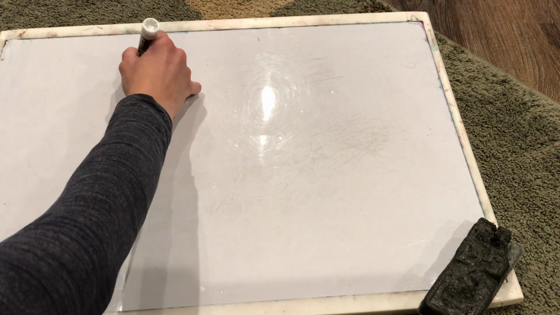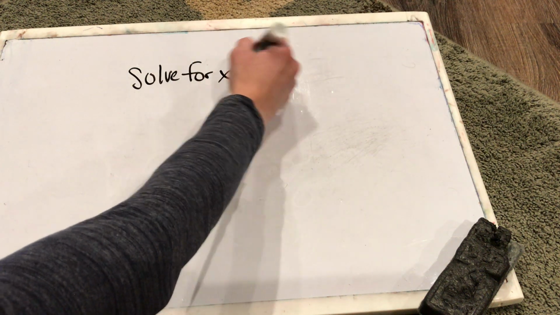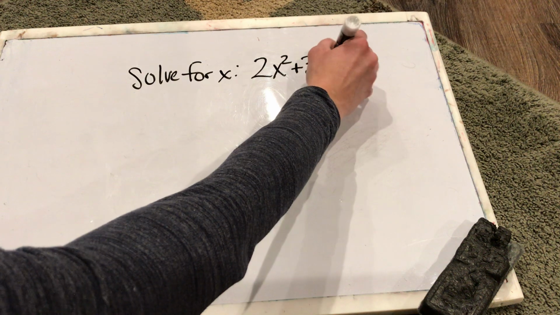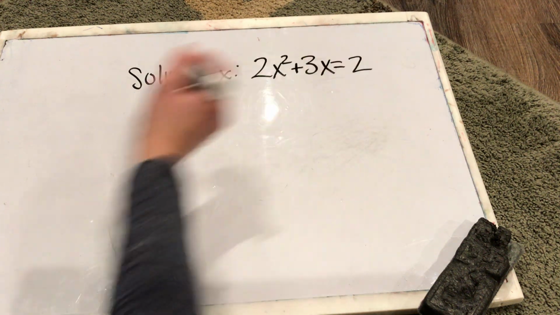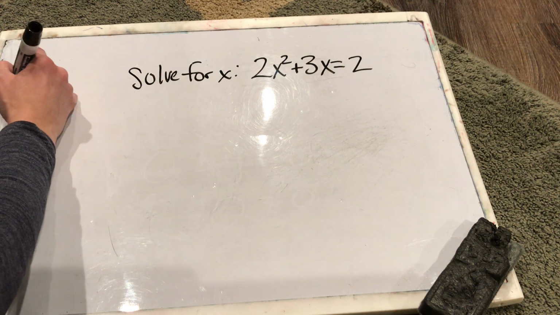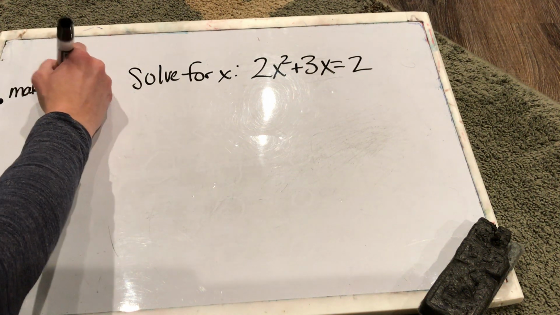We have this, solve for x. And the equation is 2x squared plus 3x equals 2. Now what I want us to do is to always start by putting everything on the same side so that the other side can equal 0. That's going to be important. We always want to start by making the equation equal 0.